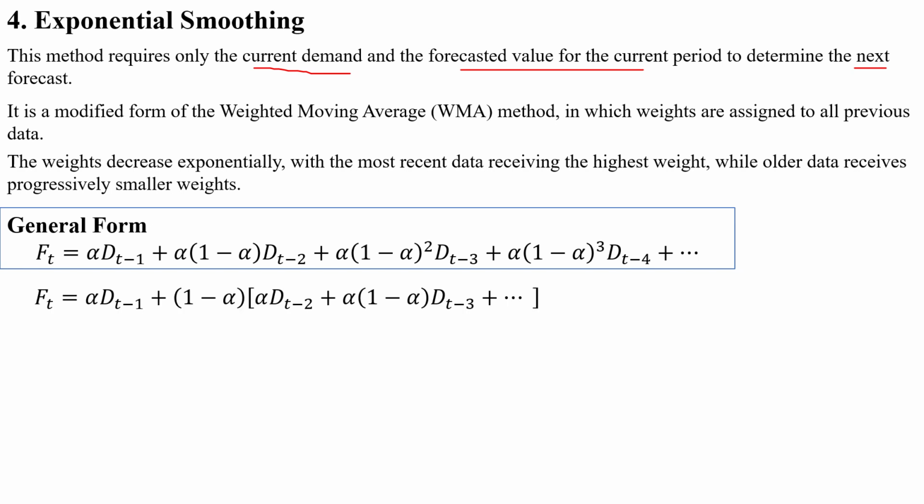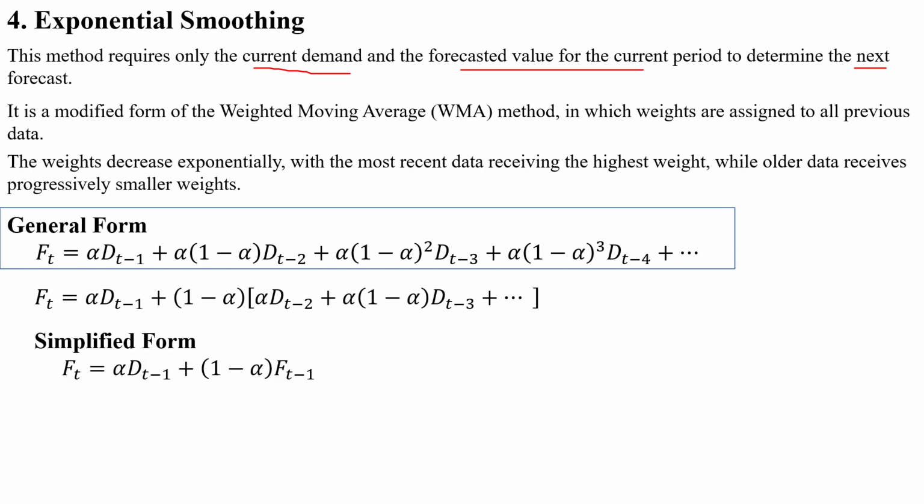Then we can modify this as F_t equal to alpha into d_t minus 1, plus, taking 1 minus alpha outside, 1 minus alpha into alpha d_t minus 2, plus alpha into 1 minus alpha d_t minus 3, plus and so on.